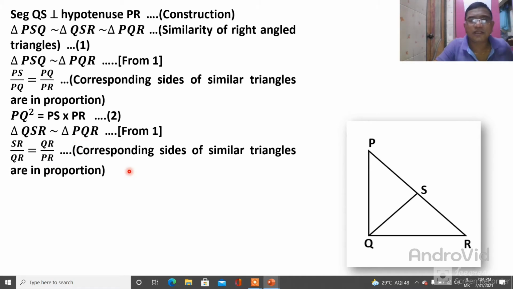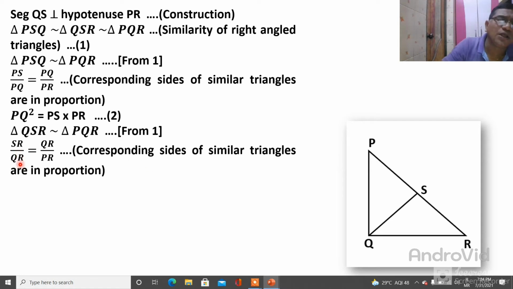Reason is the same: corresponding sides of similar triangles are in proportion. So SR upon QR is equal to QR upon PR, because side SR and side QR correspond.